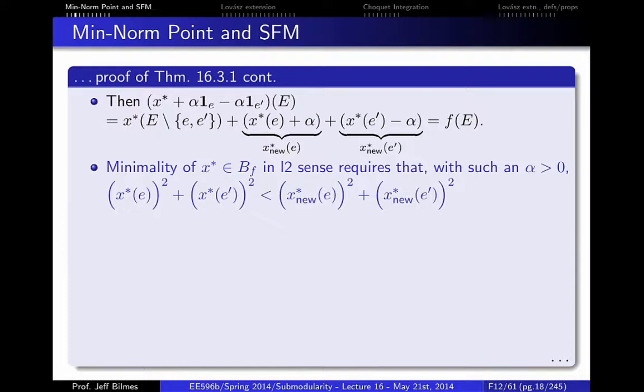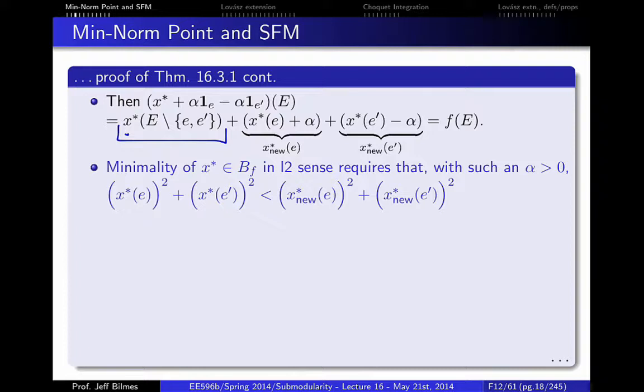Now, because x star is minimal in the L2 sense, we're basically taking the sum of the squared elements, right? All of the elements that are the same, namely all of these, don't change. So when we go from x to this new vector, it must be the case that we're no longer the minimum, because there's a unique minimum, and alpha is strictly positive, so we moved it a little bit.